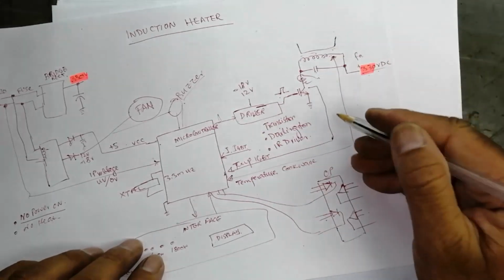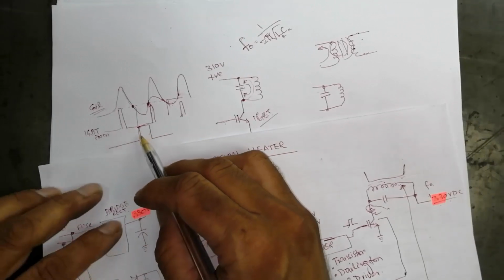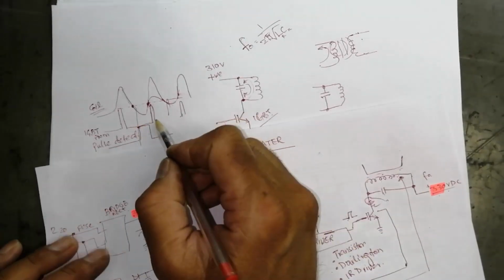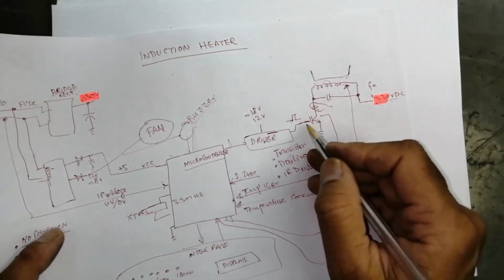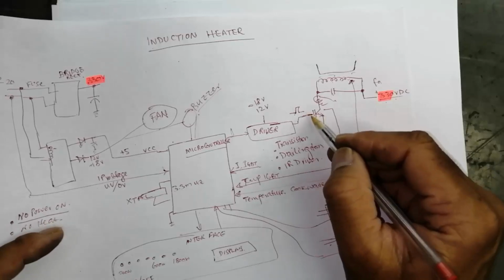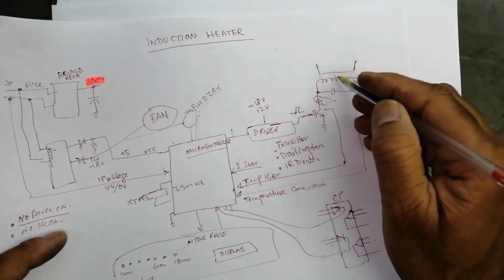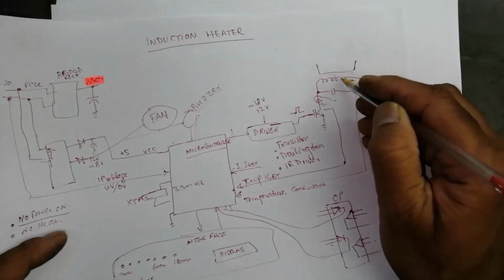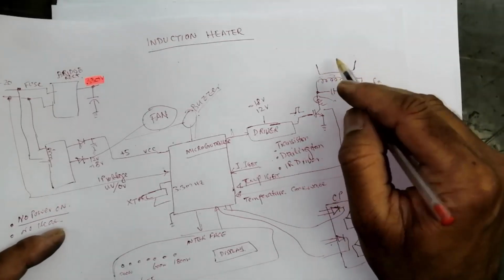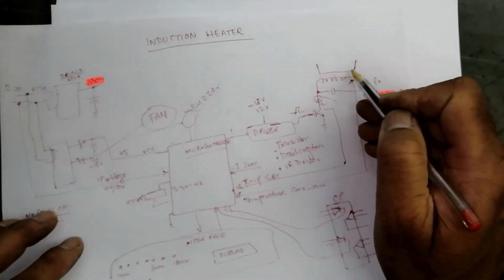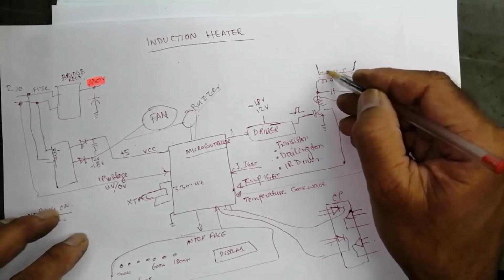What is the temperature? What is the size of the cookware? It will be determined by the pulse detect. So it will start switching the IGBT, and the IGBT will make pulses to take firepower, to take a magnetic field, and this magnetic field will induce voltage in the iron core, in the ferrite core, in the iron base of the cookware, and it will cause the temperature to increase in the base of this cookware.